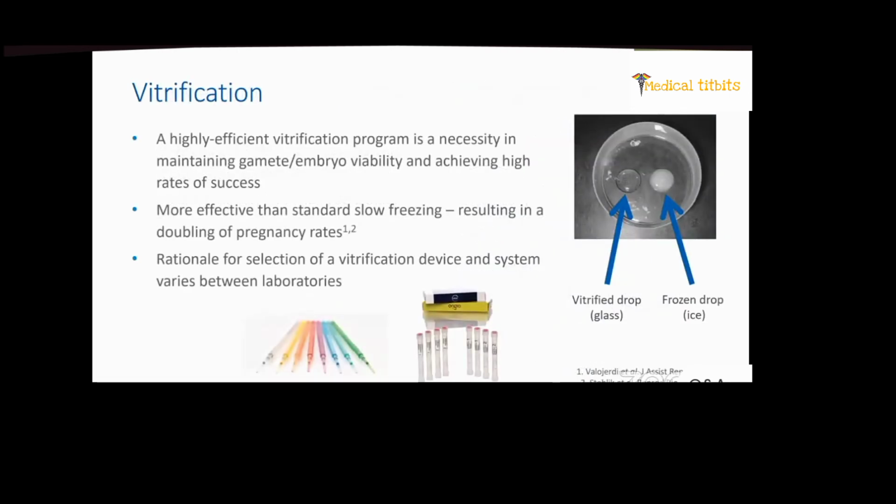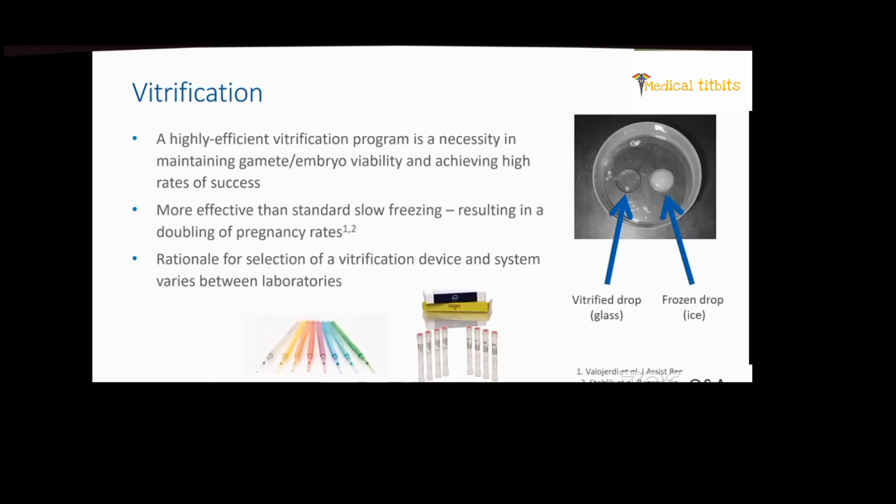So let's concentrate on vitrification. As already explained, the process of vitrification allows us to cryopreserve oocytes and embryos by bringing them into a glass-like state, thereby avoiding any ice crystal formation that can be detrimental to cell viability. In order to achieve high success rates, the efficiency of the vitrification program must be maintained.